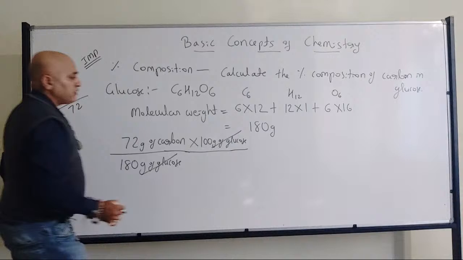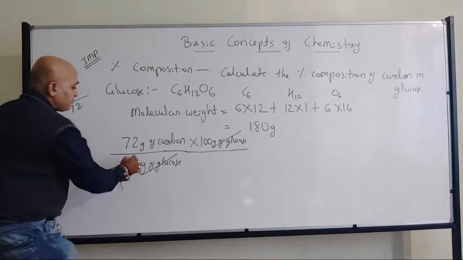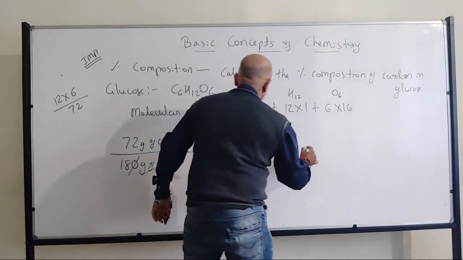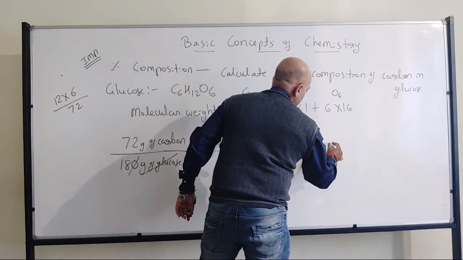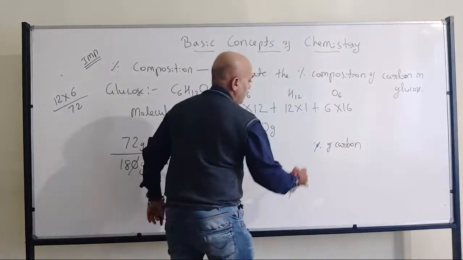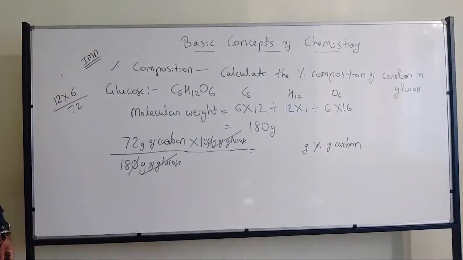So 100 gram of glucose will get cancelled. Now we have to find the answer. Whatever answer comes will be in terms of gram percentage of carbon, because it is multiplied by 100.